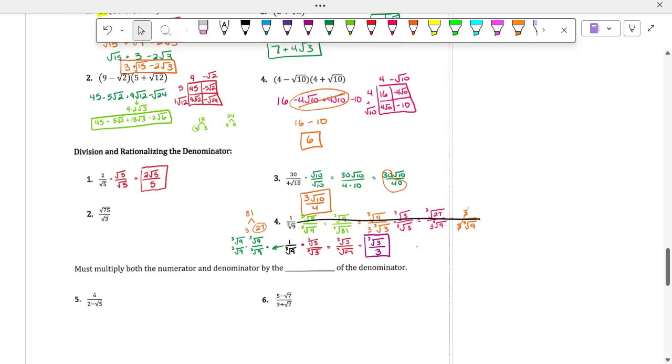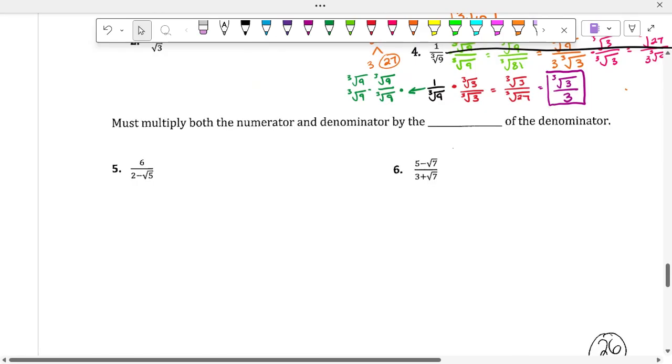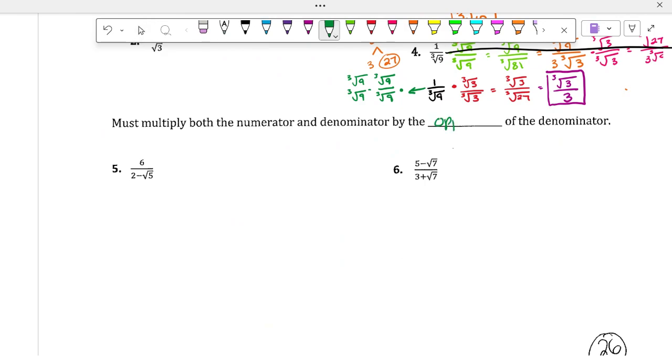So with 5 and 6, you have to multiply both the numerator and the denominator by the opposite of the denominator. And what I mean by that is think difference of squares. All right.